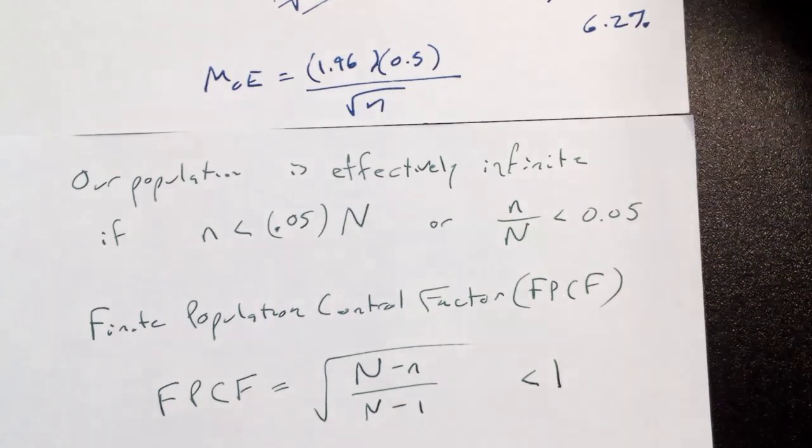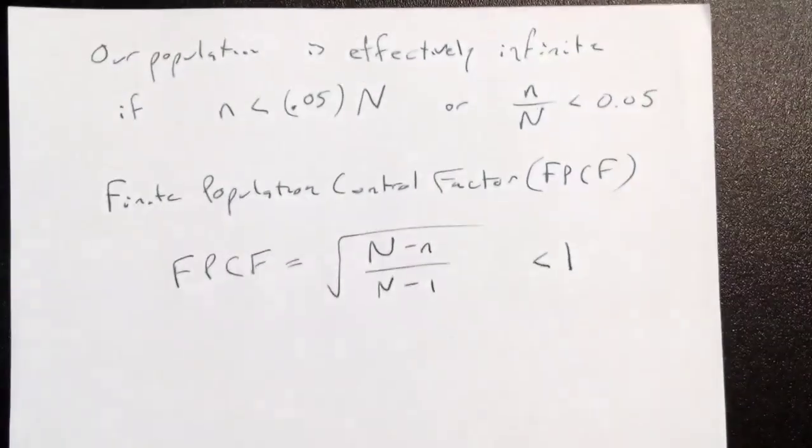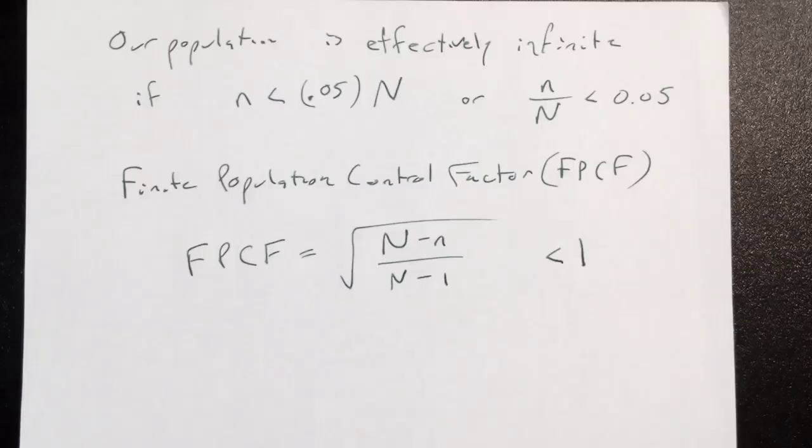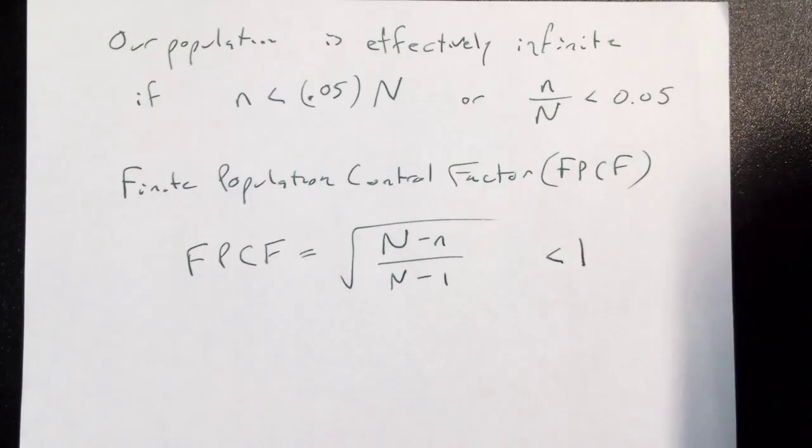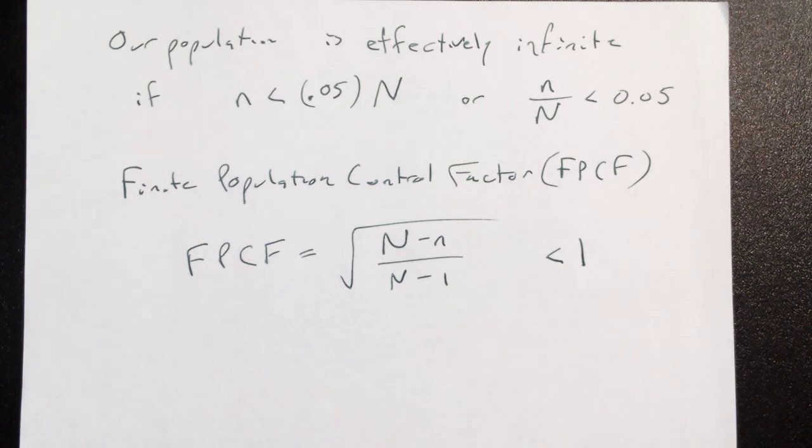So here's a way to control my margin of error a little bit better when my population is finite by comparison to the size of my population. Notice there are 3 formulas on page 299.